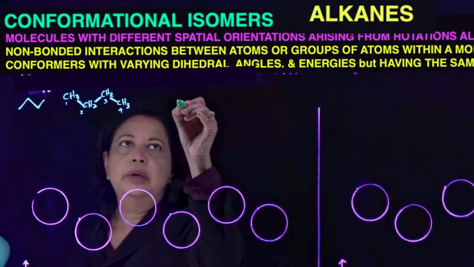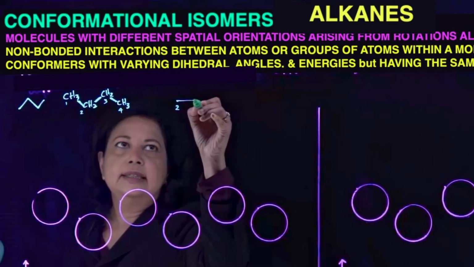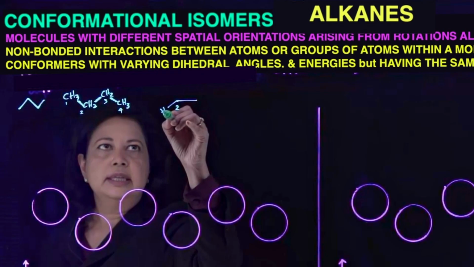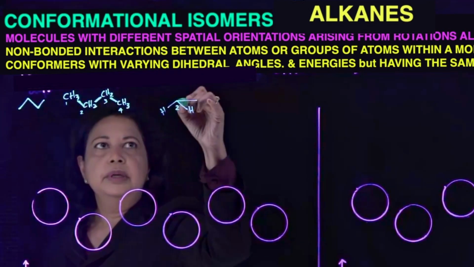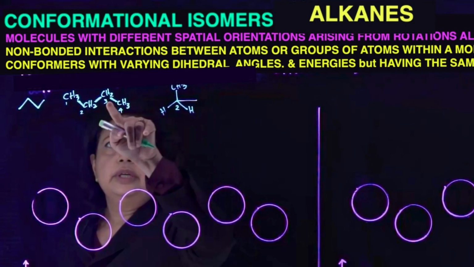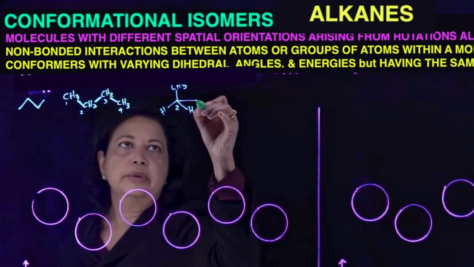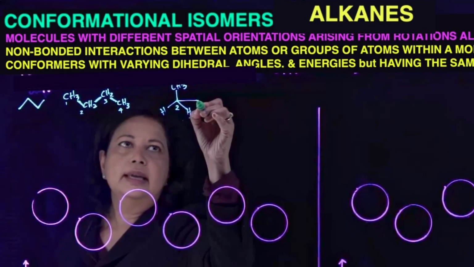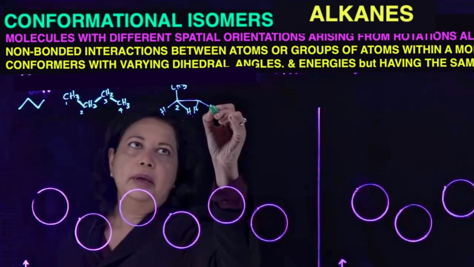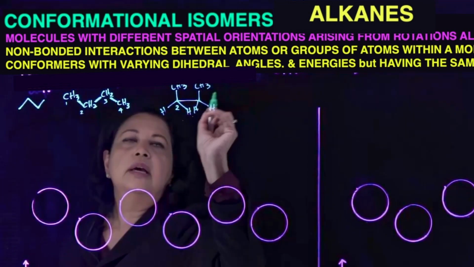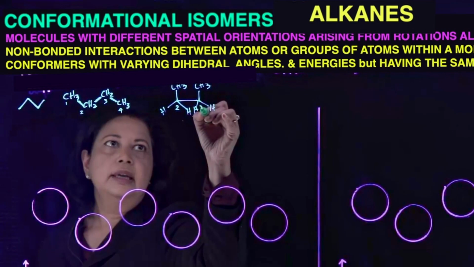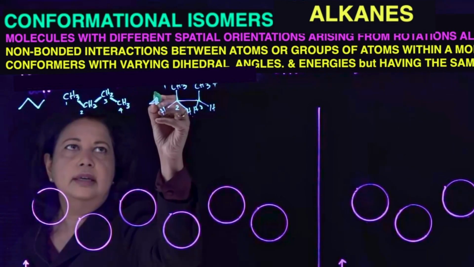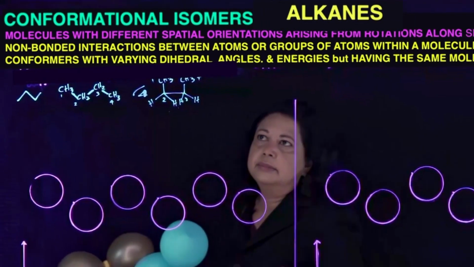C2, let's say, is this, and C3 is going to be your circle. On the 2, there are 2 hydrogens and a methyl group. And on the 3, there are 2 hydrogens and a methyl group. So pretty much you're going to do the same thing on this side as well. So this is 1, 2, 3, 4, and look through C2, C3 and draw the energy diagram.